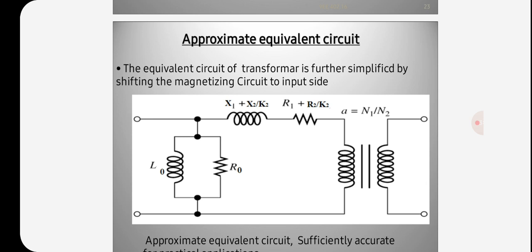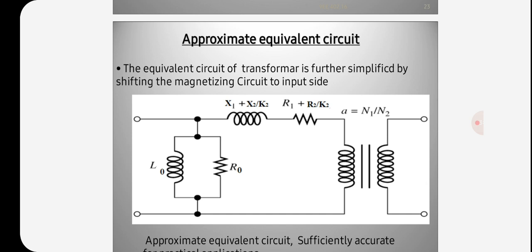Now the condition for zero regulation: I2 into R naught 2 cos phi plus x naught 2 sin phi by V2, into 100. Regulation will be 0 when the numerator is equal to 0. So I2 into R naught 2 cos phi plus x naught 2 sin phi is equal to 0.